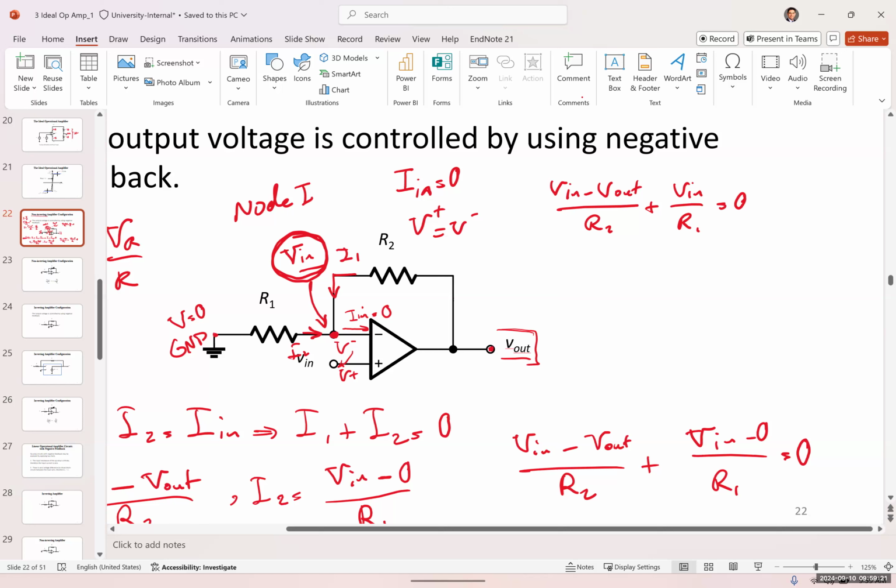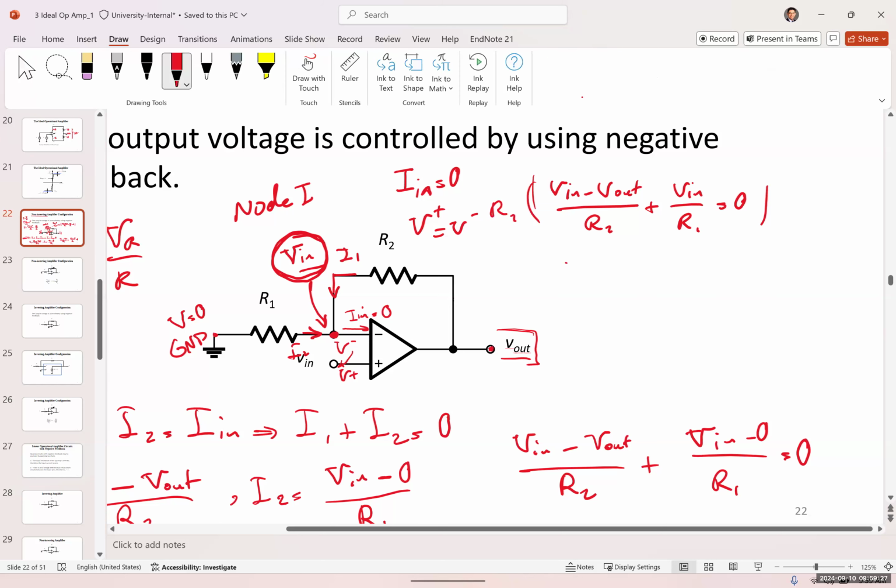We can multiply everything by R2. So we're going to have Vn minus V out plus R2 over R1 Vn. This is equal to 0.